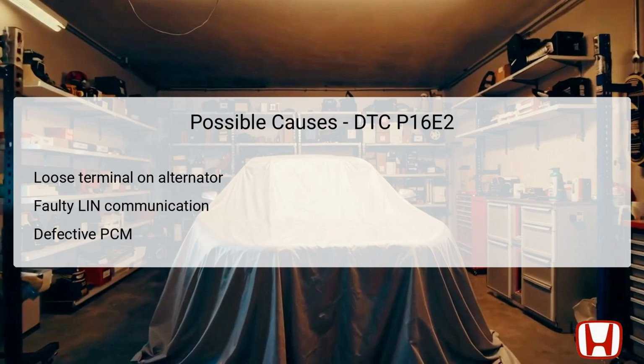The LIN system relies on a network of wires that transmit critical information between the alternator and the PCM. A break or short in this wiring can lead to communication losses. Furthermore, a defective PCM might also contribute to the error by failing to process signals accurately. Identifying which of these issues is present is paramount in effectively resolving the DTC.